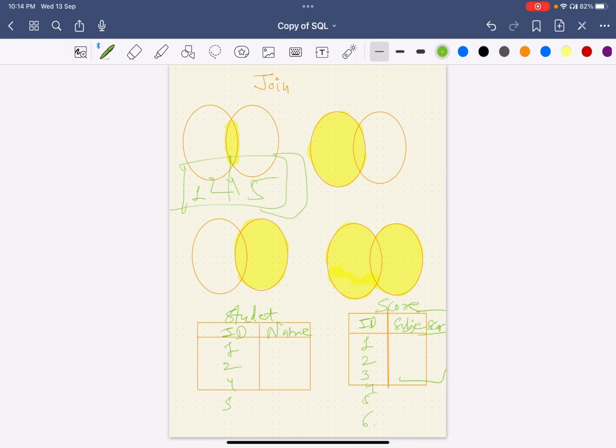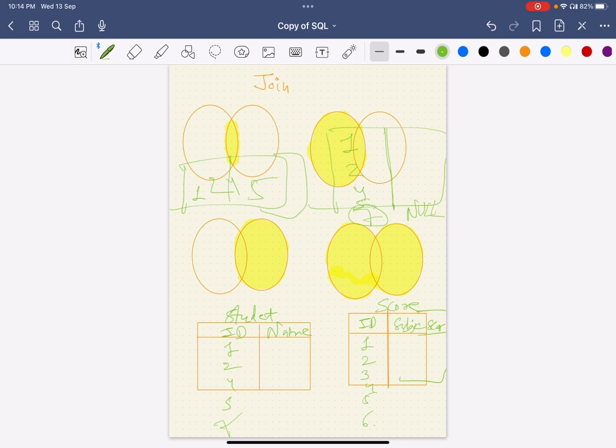When we do the left join, it will have all the left entries, which is 1 2 4 5 and nothing else. But let's suppose there is one more entry 7, so we also have 7. For the 7 entry we have null here, so we don't have anything in the score.